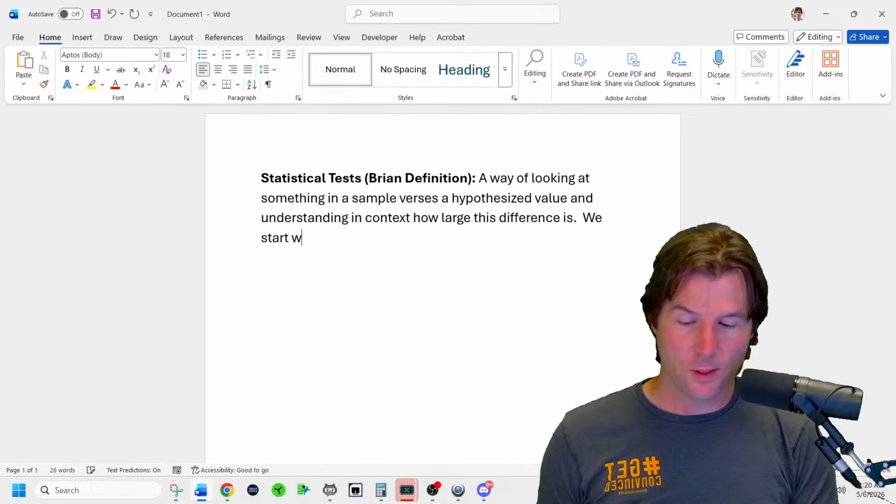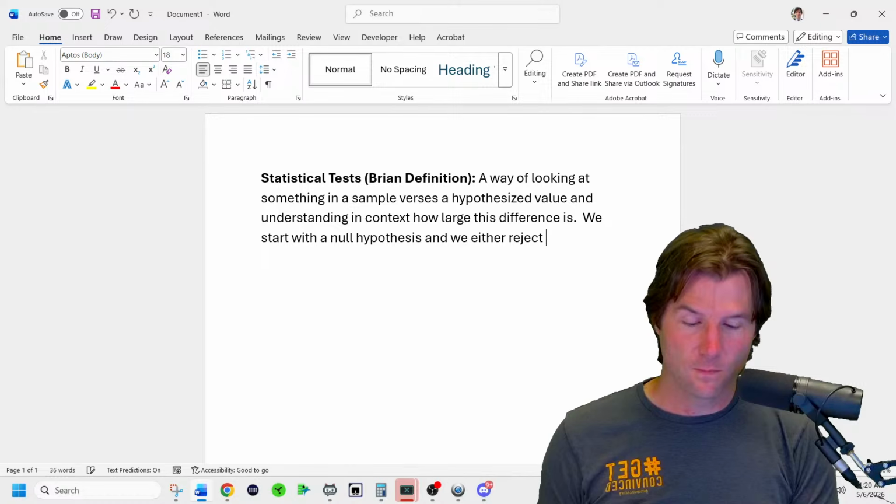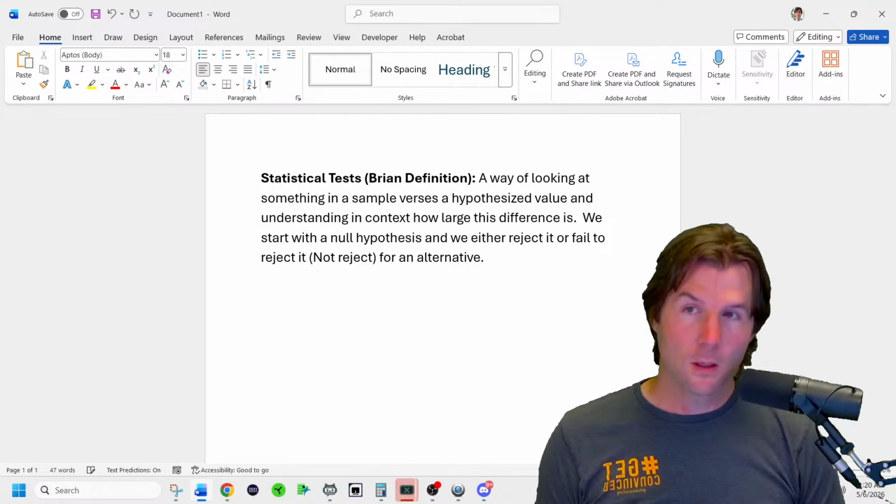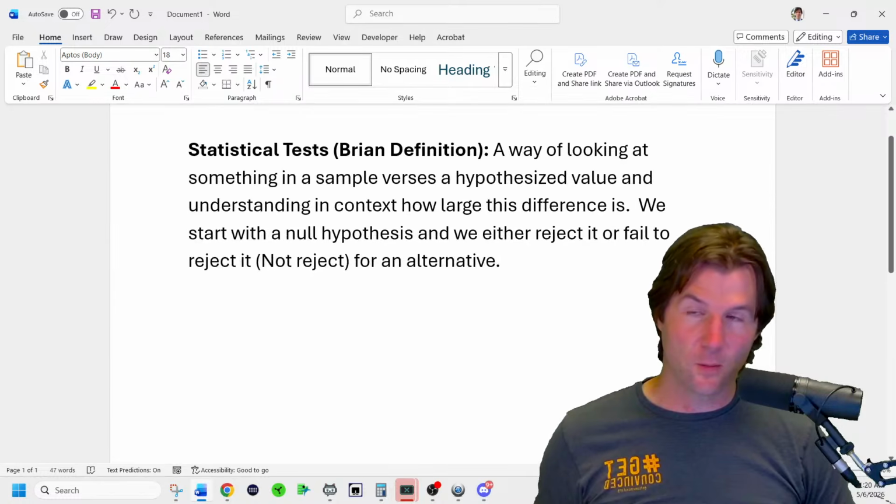We start with a null hypothesis, and we either reject it or fail to reject, not reject, for an alternative. So that's kind of the basics. There's a lot to talk about within what I wrote right here.